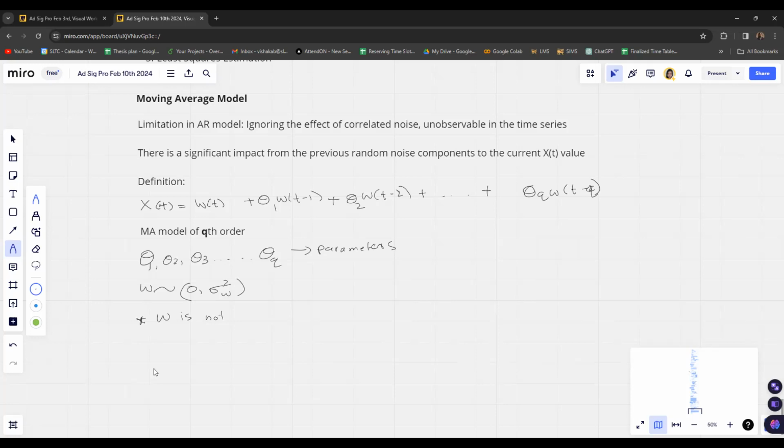So W is not an observable signal. This is some kind of mathematical assumption, and we are assuming that these components are getting added to the current xt signal and affecting its properties. This is not an observable thing, and that is why this model is different to the other models, where the other model is actually measuring the xt values and past xt values.